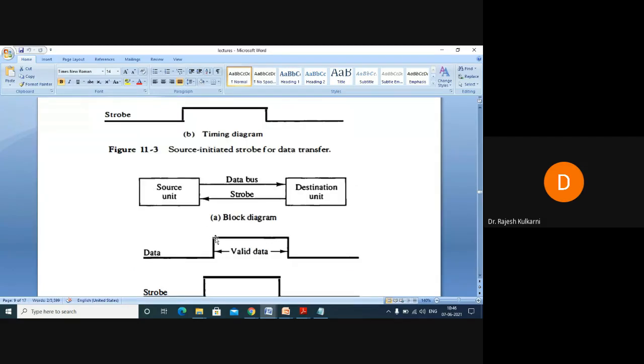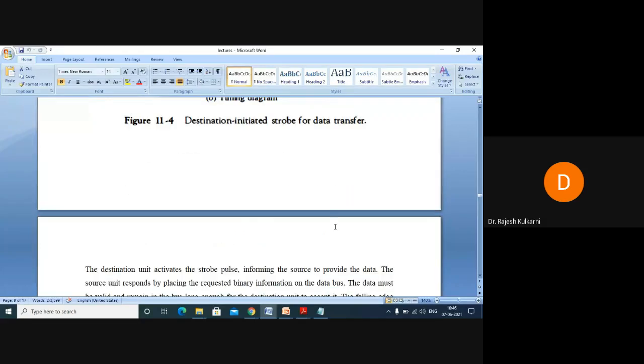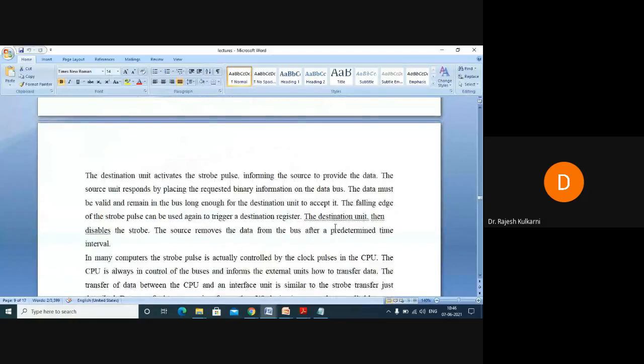That's why there is a difference between this diagram and the previous diagram. The strobe has been sent, and after that the data comes, again settling down to a steady value. Then again, it is enough time for the destination to copy that data. This is what is your strobe control.